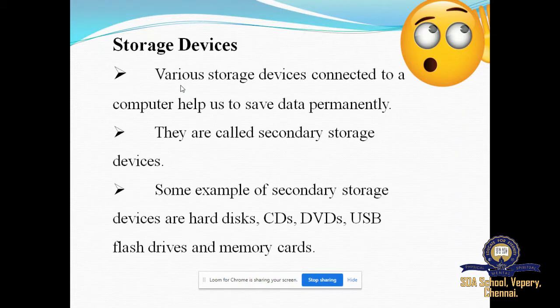Some examples of secondary storage devices are hard disk, CD, DVD, USB flash drives, and memory cards.